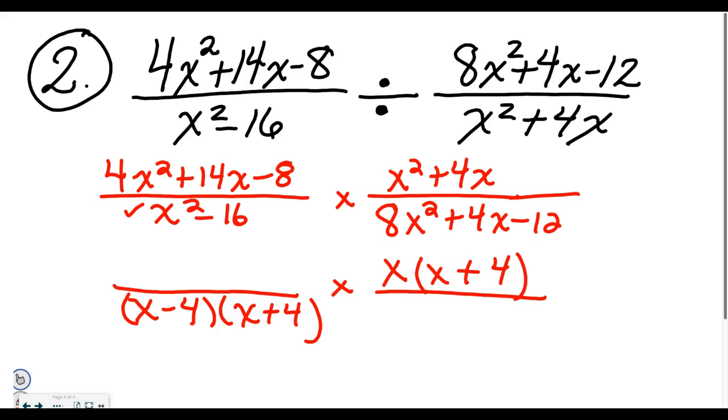Now, the other two are trickier, but you'll see that they're all even. I can for sure take a 2 out of all of these, right? So I would do that. I'm going to take a 2 out above it. It'd be a 2 times, divide out a 2, divide out a 2, divide out a 2.